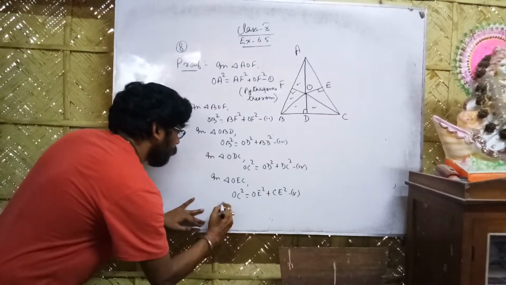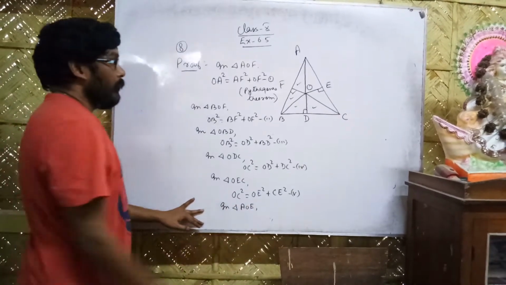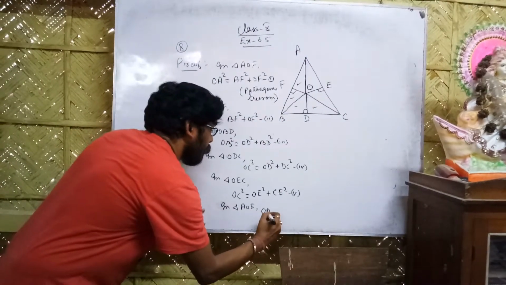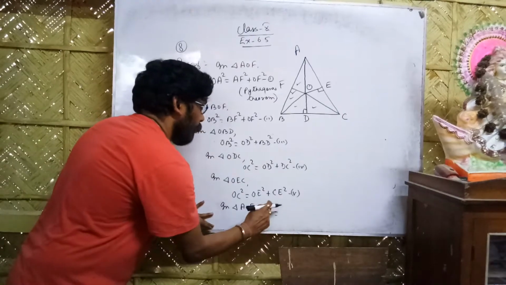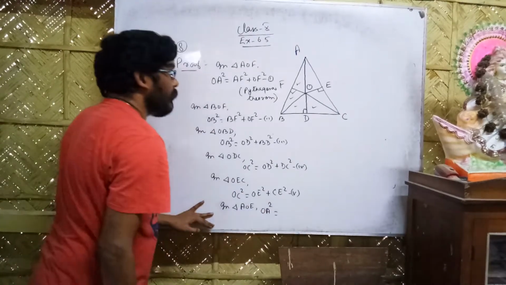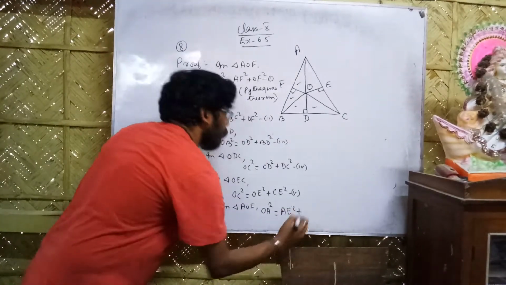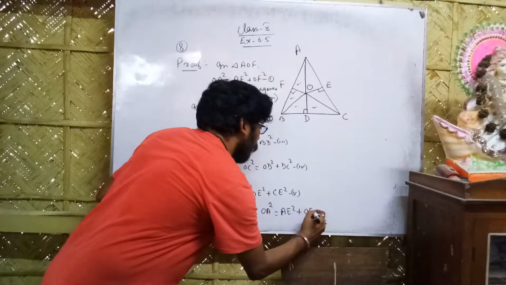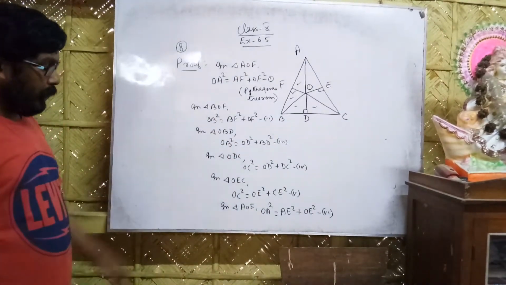In AOE, OA is the hypotenuse, so OA square equals AE square plus OE square. Equation 6. So there are 6 equations.